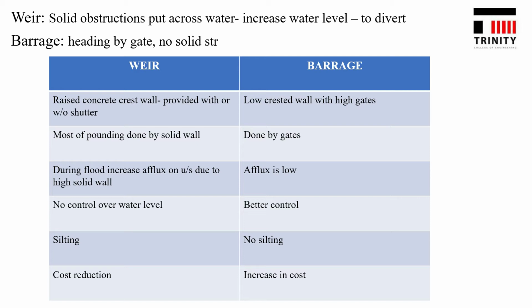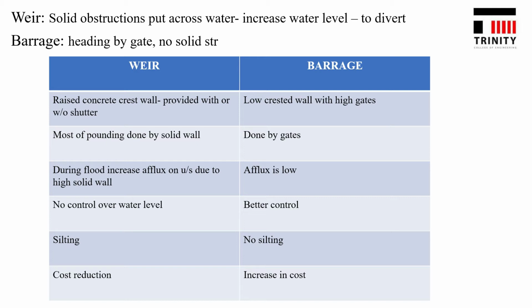On comparing the weir and barrage, actually they are both permanent structures. A weir is a raised concrete crest wall that may be provided with or without shutters. But a barrage is a low crested wall with high gates. It is actually gate-operated, that is, water is controlled by using only gates, whereas in weirs it is not necessary.